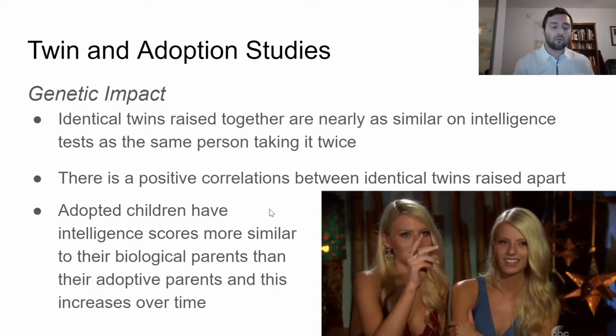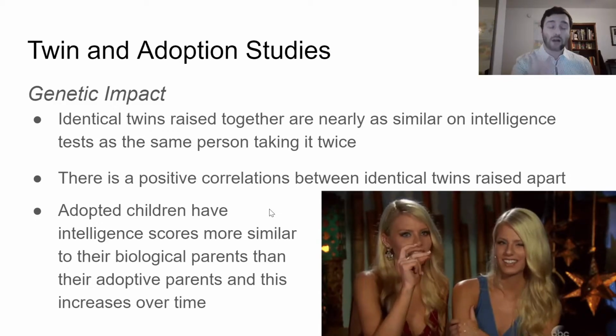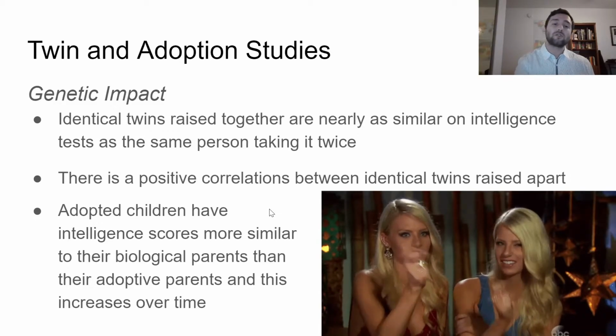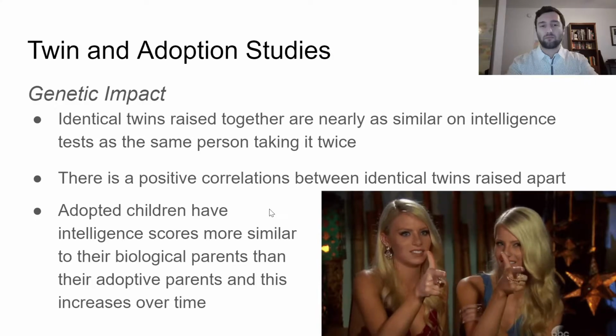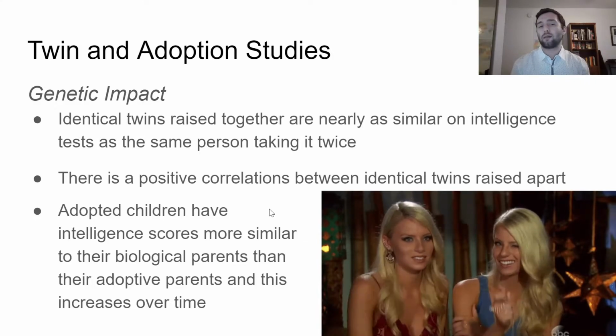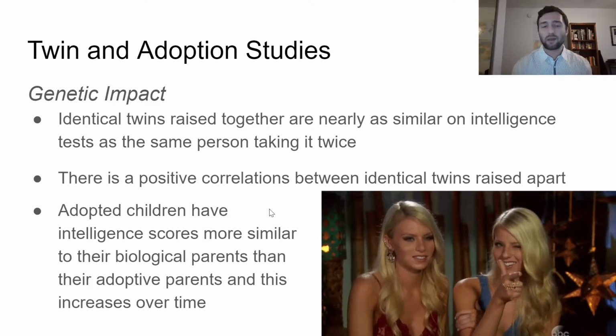Now, you could also look at these kinds of things when we talk about adopted children. So adopted children have intelligence scores more similar to their biological parents than their adoptive parents. And over time, this correlation will actually get stronger. So let's say we have a kid, the kid gets adopted.